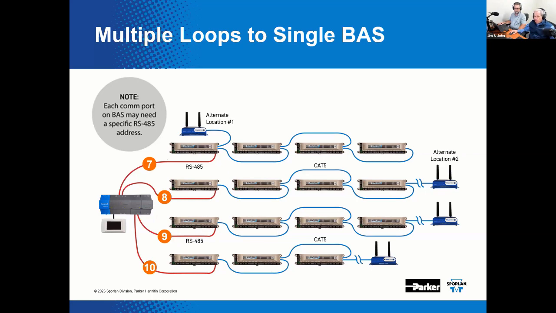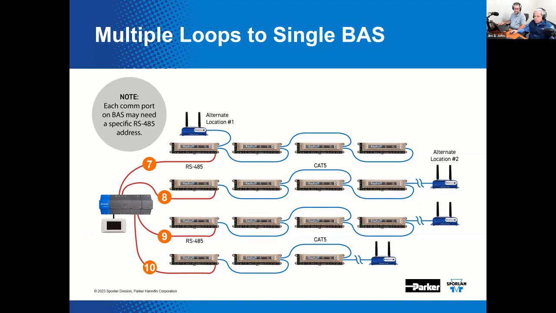Now, by default, Sporlan S3Cs have an RS485 address of number 7, like we show right there. On the Novar BAS, each communication loop needs to be uniquely identified. You start with 7 and work your way up the number scale. Again, by default, all Sporlan S3Cs start with 7.